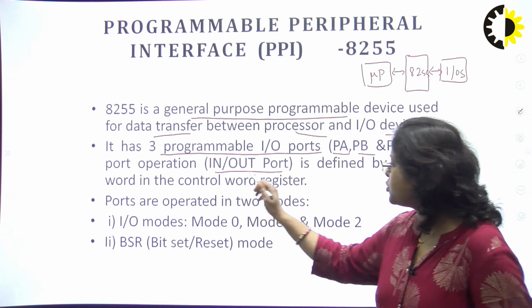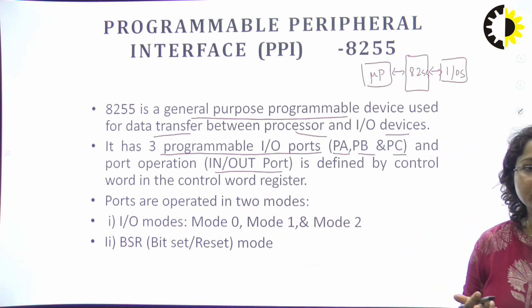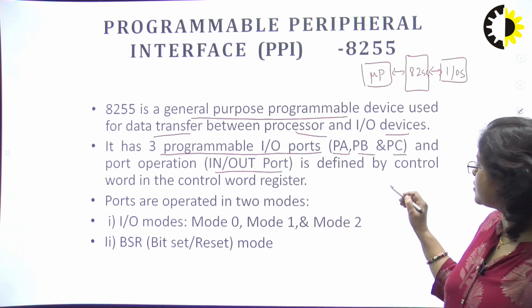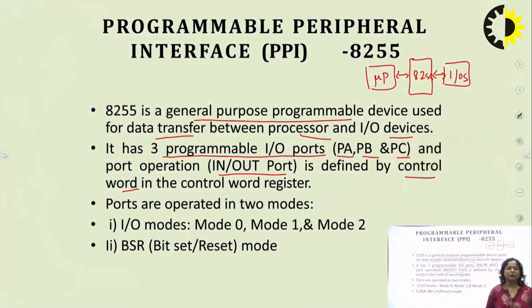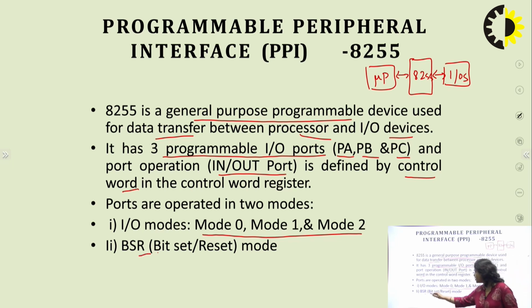These ports can be used for unidirectional or bidirectional data transfer with the help of the control word defined in the control word register. These three ports are operated in I/O mode or BSR mode. In case of I/O mode, it is further divided into three modes, that is mode 0, mode 1 and mode 2. And the BSR mode is used to set or reset the bits.